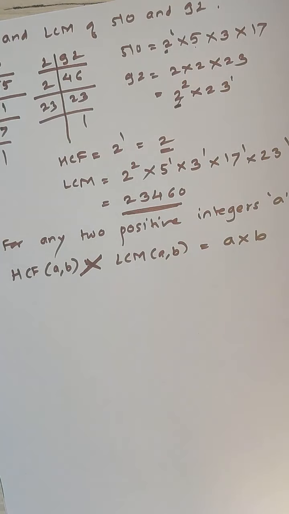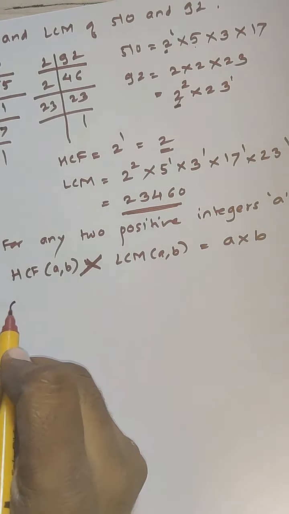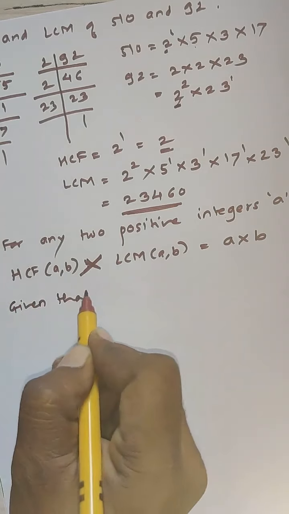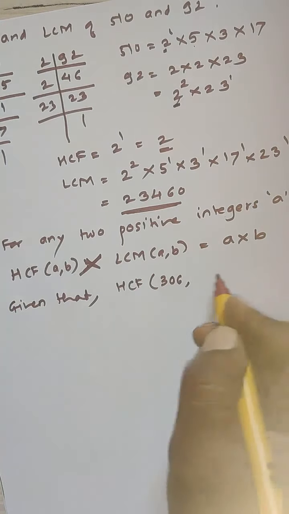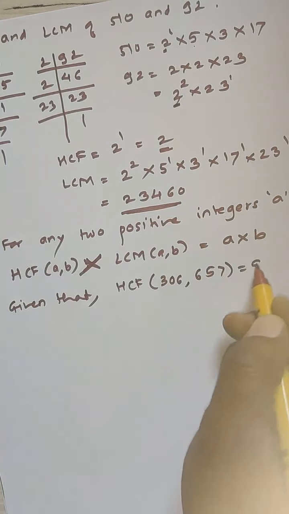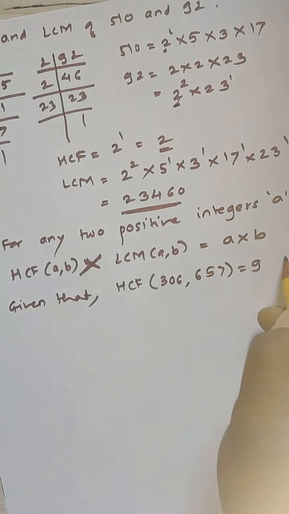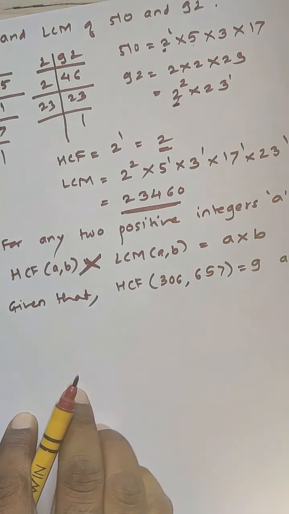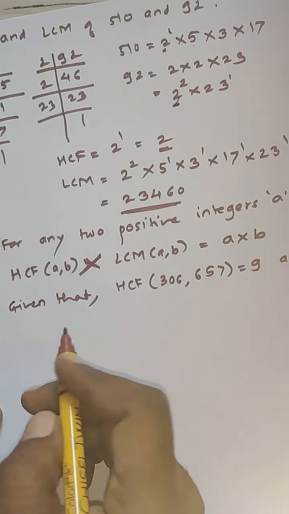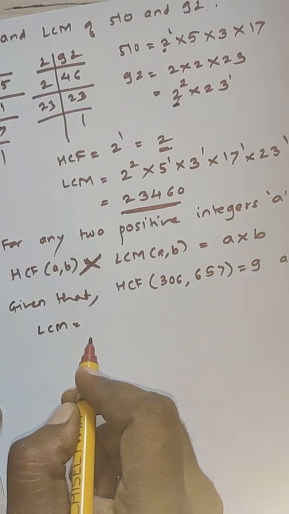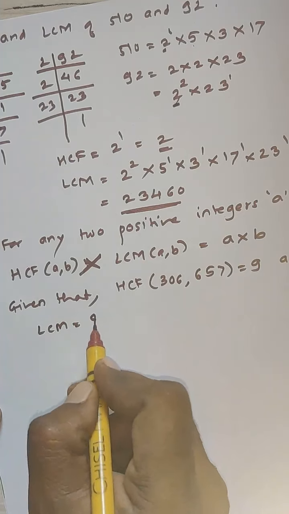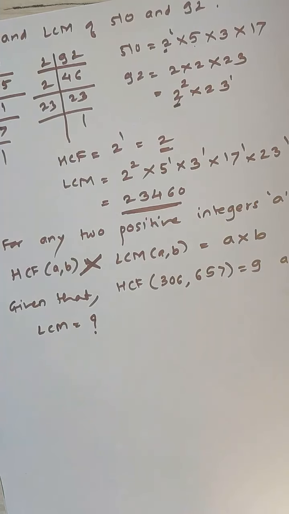One example we will take. Given that the HCF of 306 and 657 is equal to 9, and we have to find the LCM.